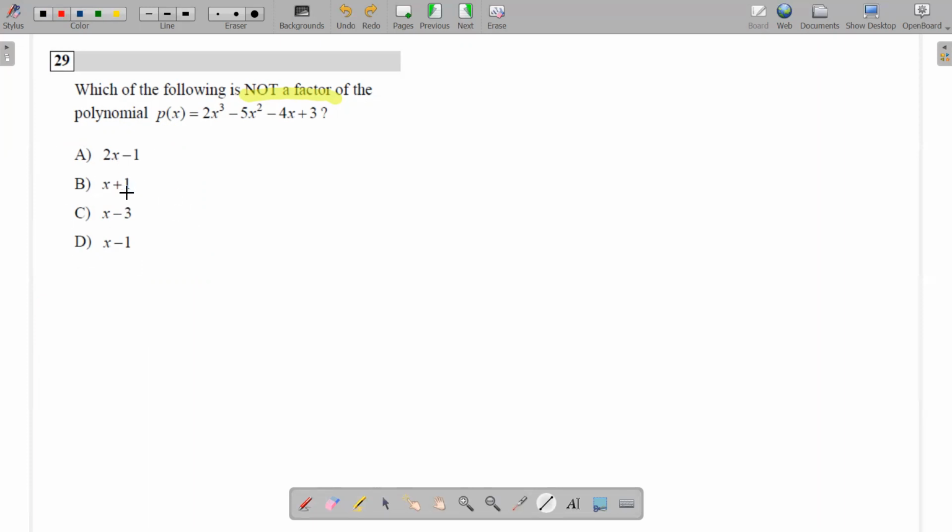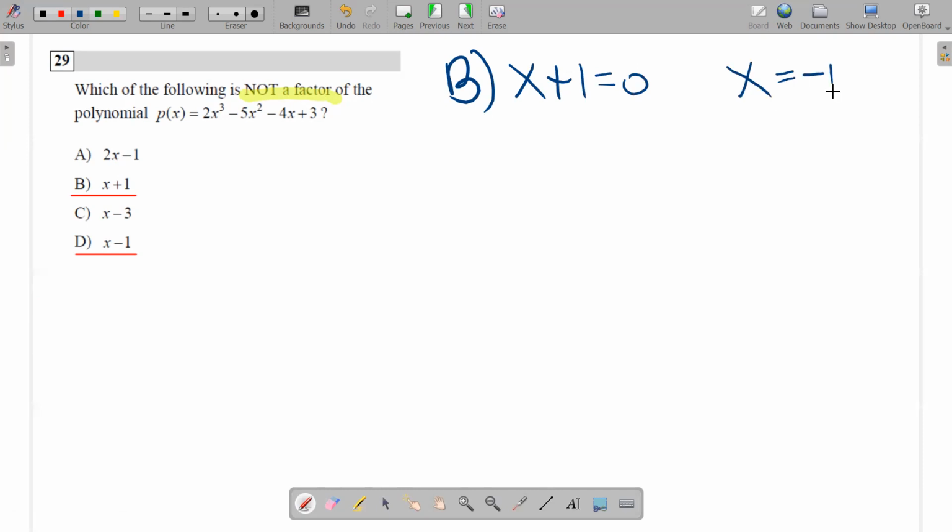So what I'm going to do is this. Instead of going by order, I'm going to go by similarity. B and D, in fact, are very similar. So I'm going to solve first for B and then for D. If I solve for B, for example, that means that I need to take that binomial, put it equal to 0, and now I know that x will be equal to -1. That means that I need to apply -1 on my function.